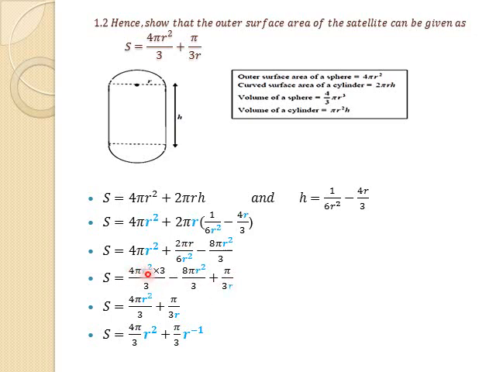So now I have 12 pi r squared, 3 times 4 gives me 12, minus 8 pi r squared, which gives me 4 pi r squared over 3, plus pi over 3r left. I'm just putting r squared on the side, and if I take r up, it's r to the power negative 1. This I'm doing for finding the derivative purposes. So there's my answer that I wanted. I just went a step further.